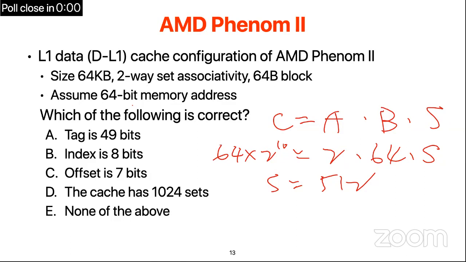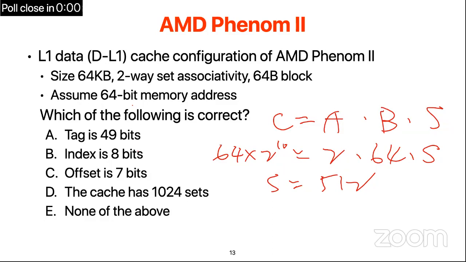So how do you get the number of offset bits? What's the purpose of offset? Maybe it's to determine which block or which set it is in.